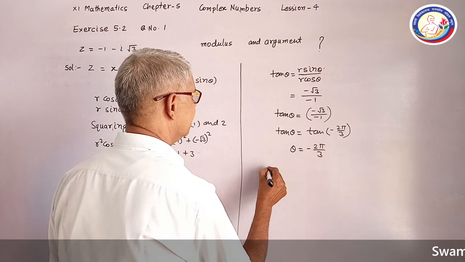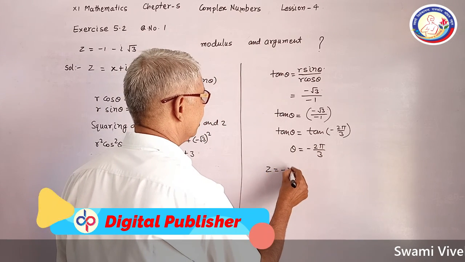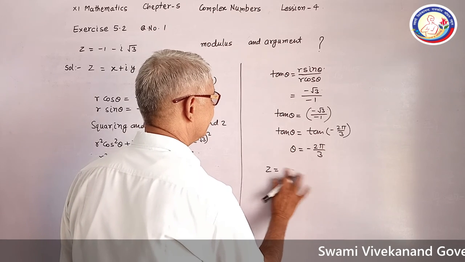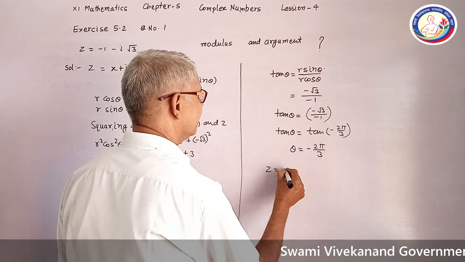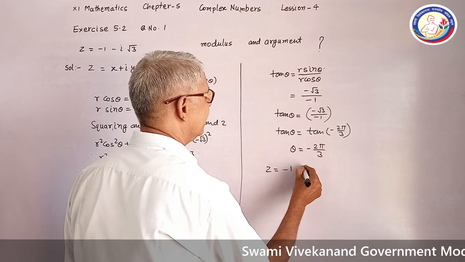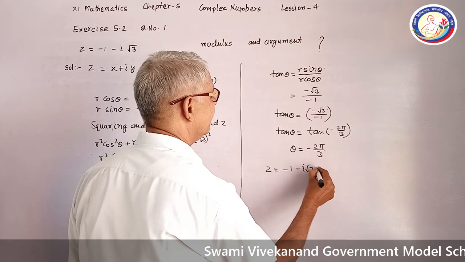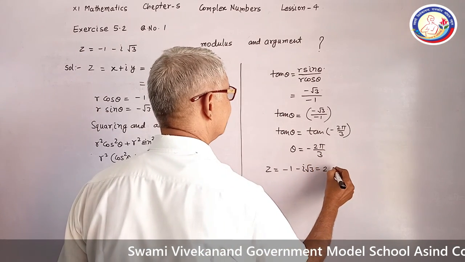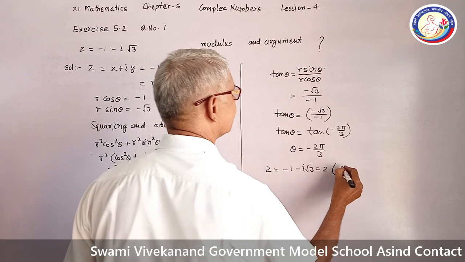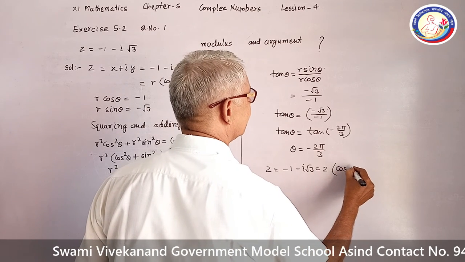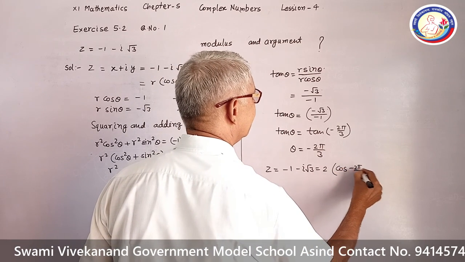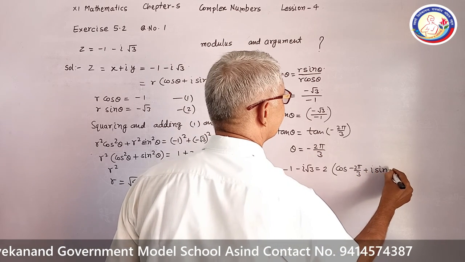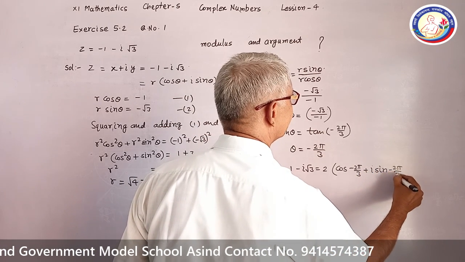So this number, -1 minus iota root 3, is equal to, what is the value of r? Put here 2 into cos of minus 2 pi by 3 plus iota sin of minus 2 pi by 3.